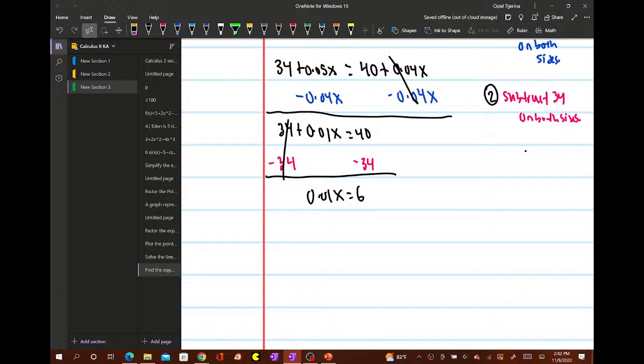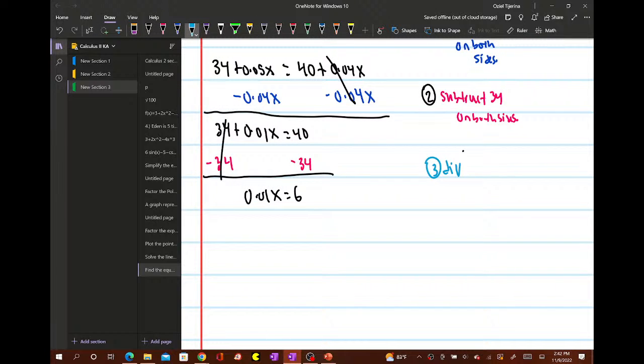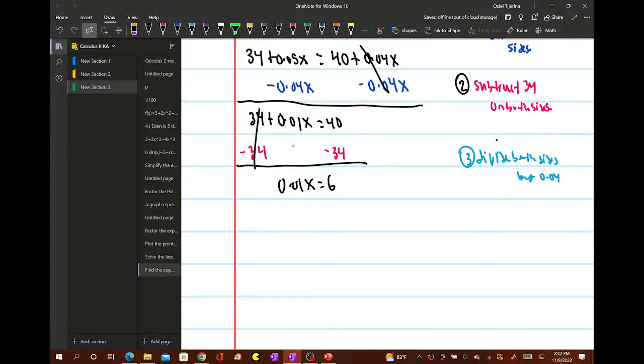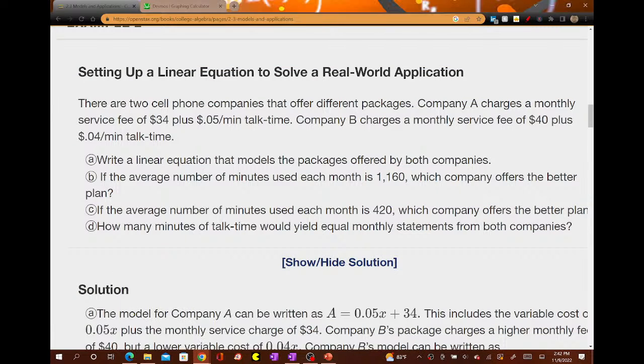And then lastly, number 3, divide both sides by 0.01, excuse me. So we divide both sides by that, and then 6 over 0.01.